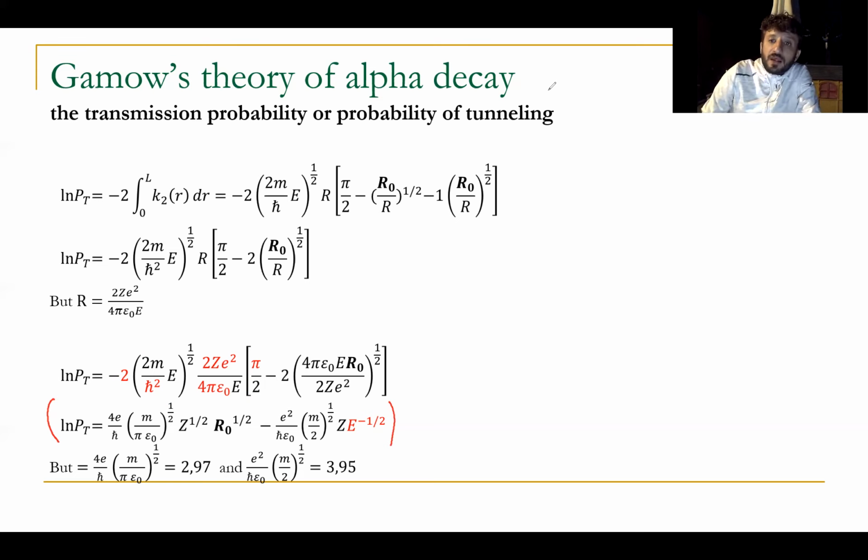The first coefficient, 4e divided by h times m divided by pi epsilon 0 to the power half, equals 2.97. And the second, e squared divided by h epsilon 0 times m divided by 2 to the power half, equals 3.95. We just substitute these values here.